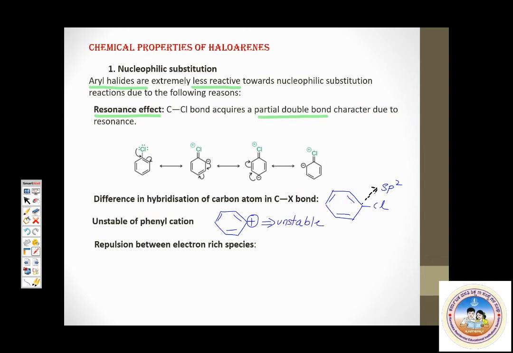The benzene ring system represents an electron rich system, and if a nucleophile tries to attack it, there will be repulsion. That's the reason why haloarenes will not undergo nucleophilic substitution easily, but you can make them undergo nucleophilic substitution under drastic conditions.